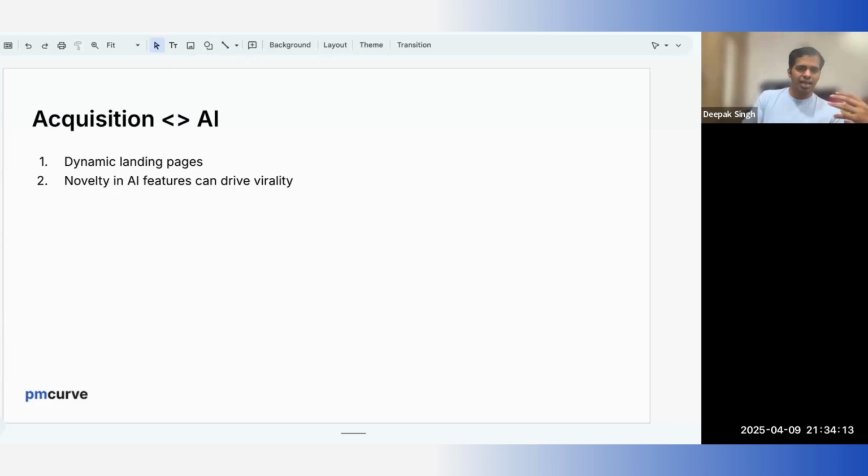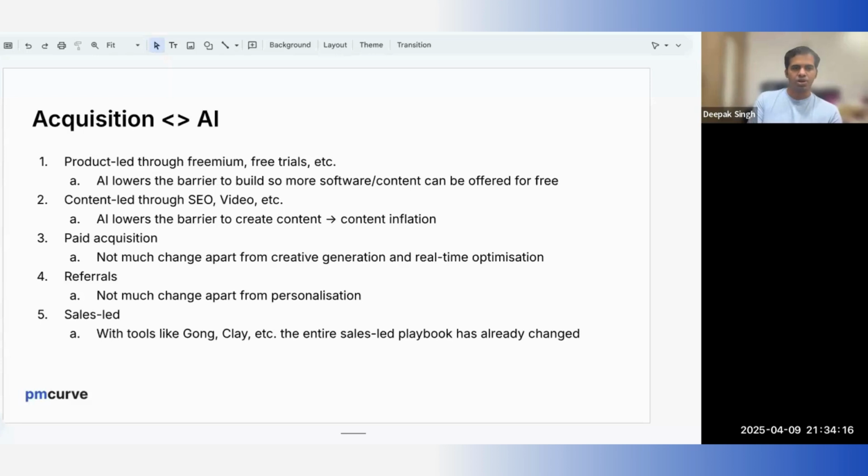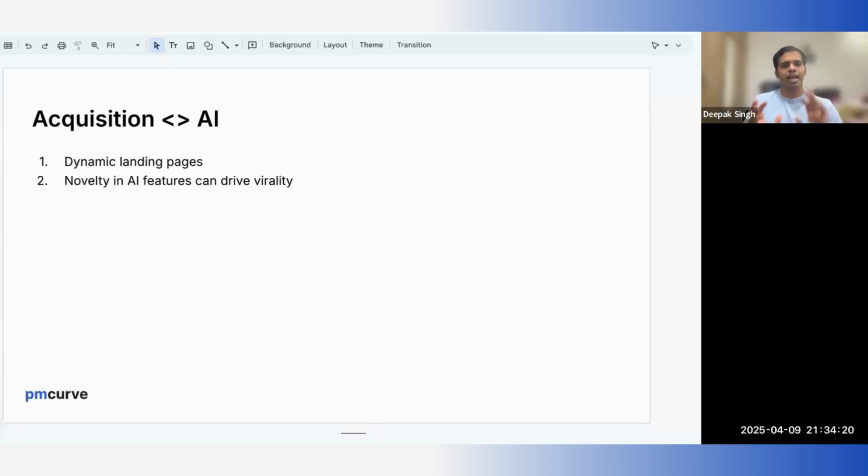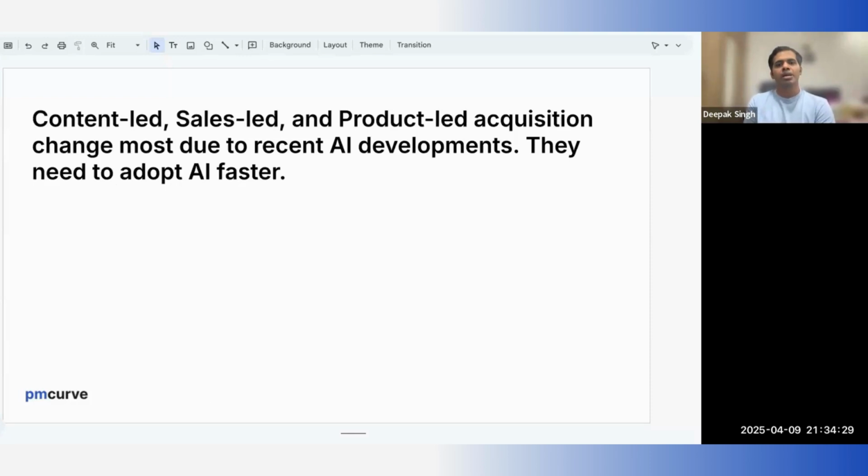So even in product-led acquisition, like referrals or freemium free trials or landing pages or AI features, you can get a lot of customers on your platform if you're using AI very, very well.